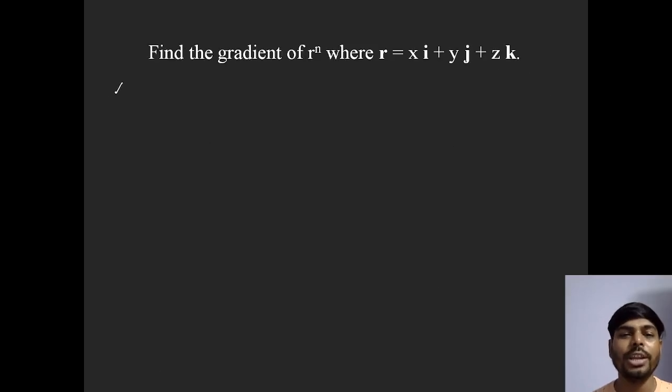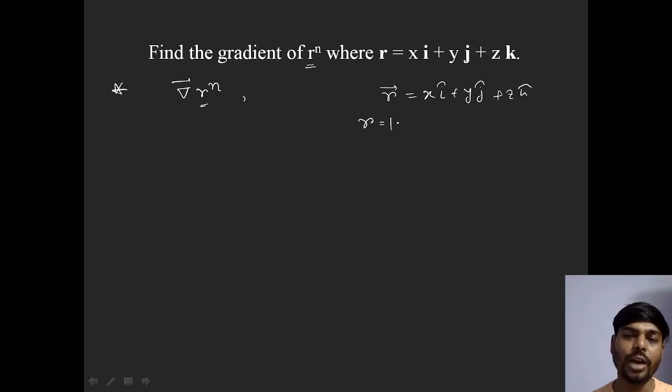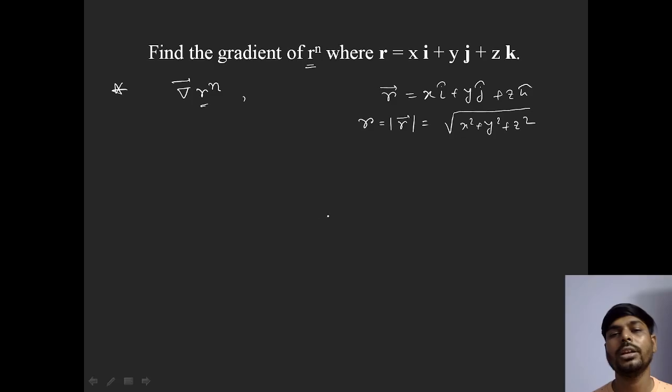Now it is a very important and very powerful problem. It is asked to find the gradient of r to the power n, where r is a position vector x i cap plus y j cap plus z k cap. But what is this r? Is this a vector? No, this r means the magnitude of r vector, and you all know that the magnitude of r vector is the square root of x square plus y square plus z square.